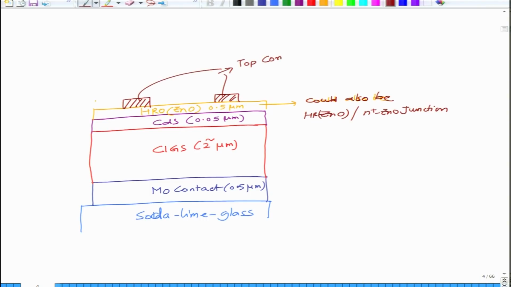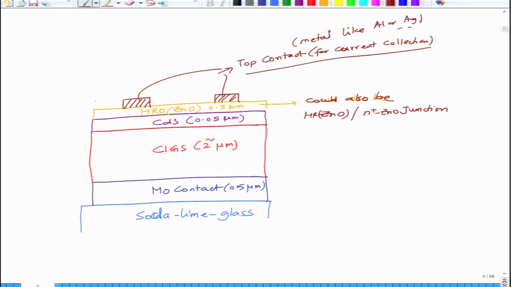Top contacts, for current collection, which could be a metal like aluminum. You can use aluminum on top, or I don't know, silver. Various other metals are possible.